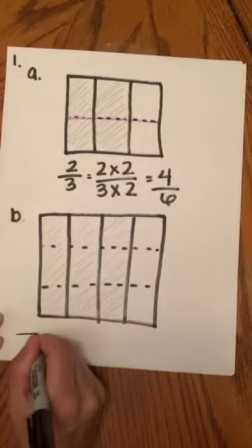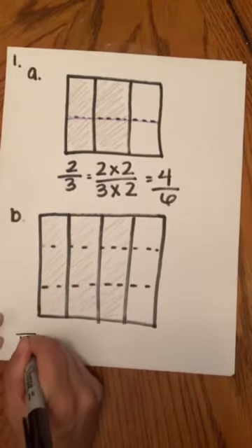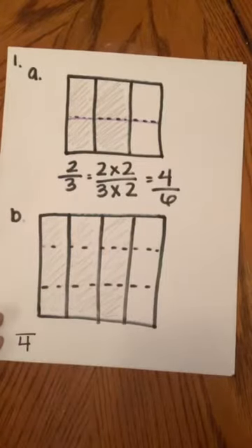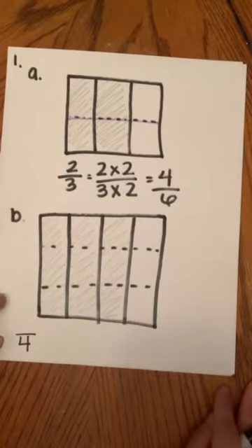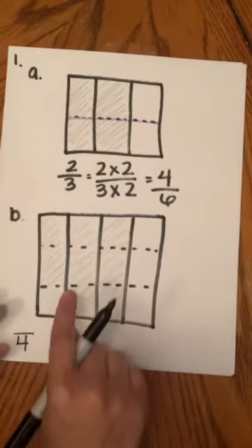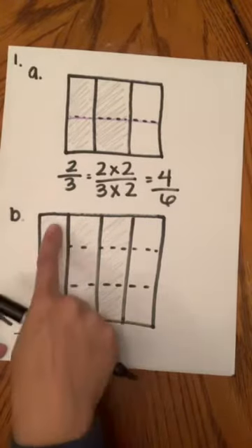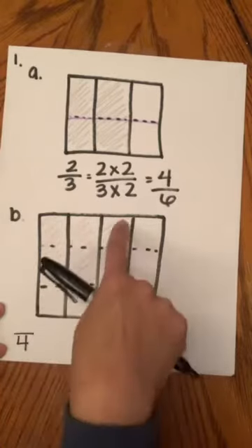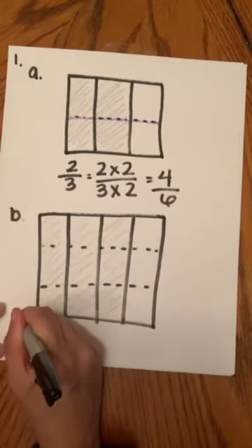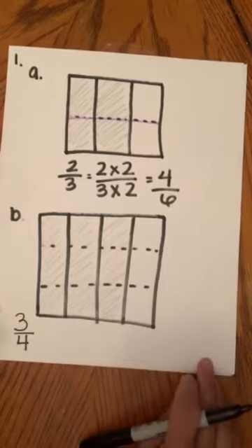So I'm going to write 4 as my denominator. Good? Awesome. And out of my 4, how many parts are shaded? Well, it looks like I see 1, 2, 3. 3 parts are shaded.